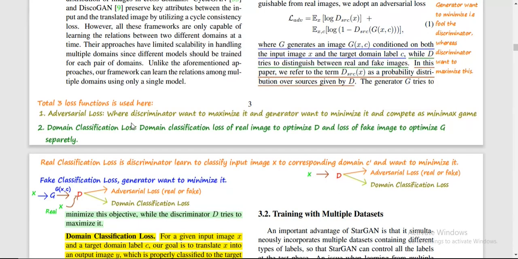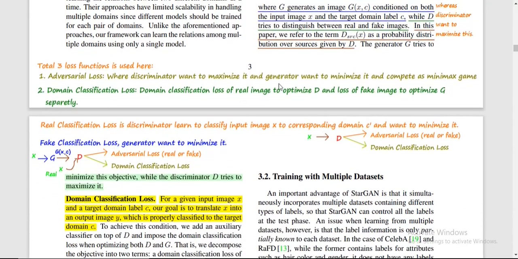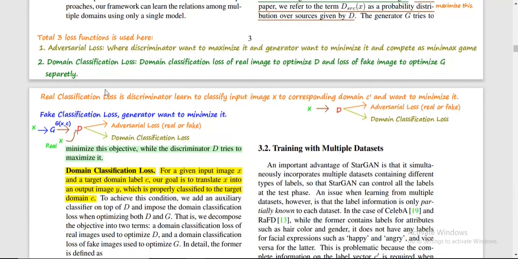There are two domain classification losses: the loss of real images to optimize D, and the loss of fake images to optimize G, separately. What it means is, for the real classification loss, the discriminator learns to classify input x to the corresponding domain c' and wants to minimize it.